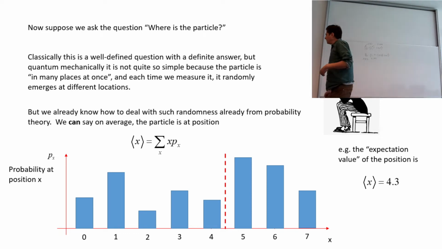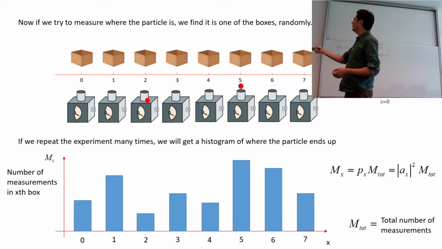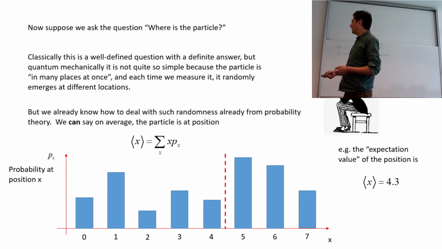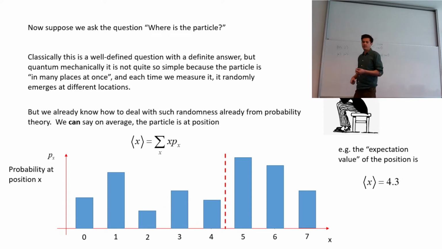But you can still talk about an average of the position, right? After all, this thing is basically measuring the position in the end. So this is the position from 0 to 7. We could just take the average of this because these are basically probabilities, and then say, okay, it's random, but the average position is like 4.3, for example.